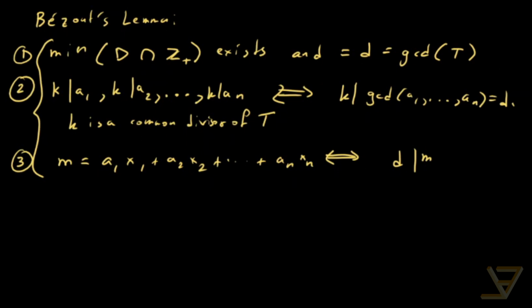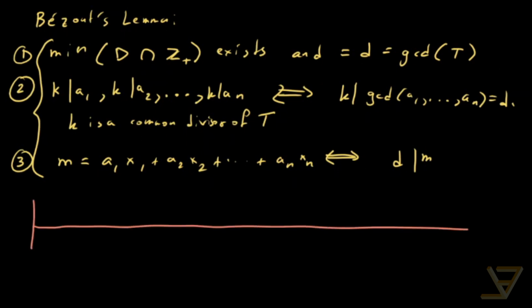We'll look at the number line. In particular, we'll look at the positive number line. So let's say we have 0 over here, and we have d here. We have 2d and 3d and 4d and so on.